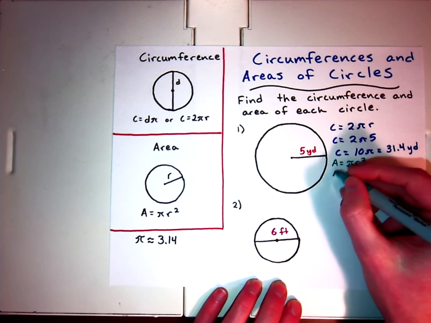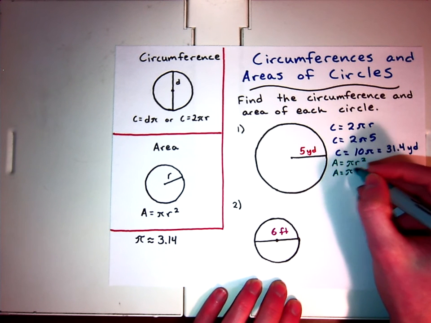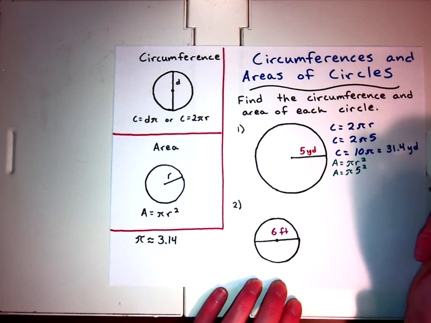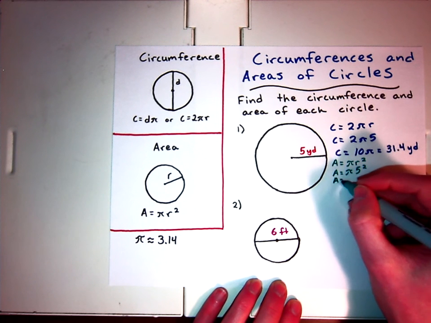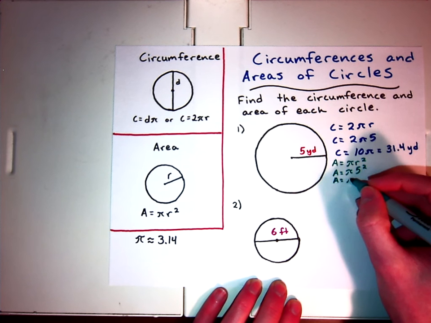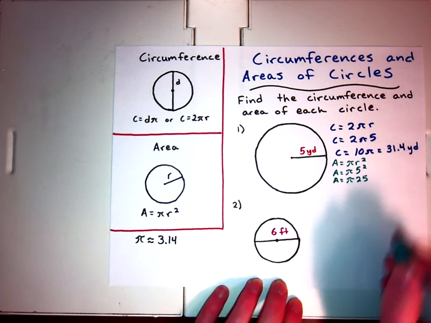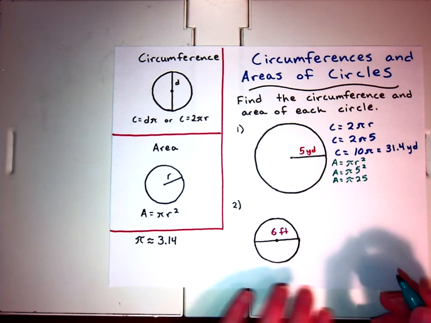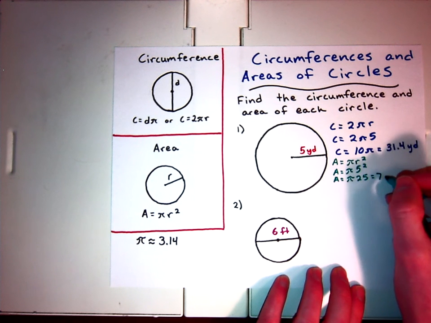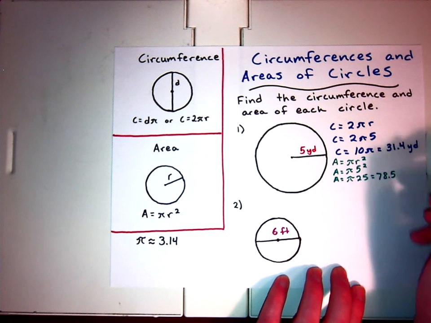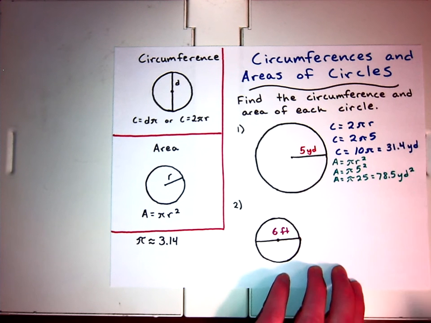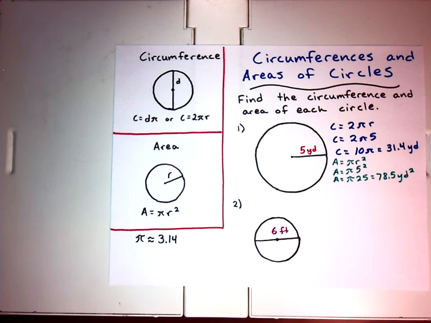So A equals pi times 5 squared. A is going to equal pi times 25, because 5 squared is 25. If we're multiplying that out, 3.14 times 25 is going to get us 78.5 yards. And this time, since we're talking about area, it is going to be yards squared.